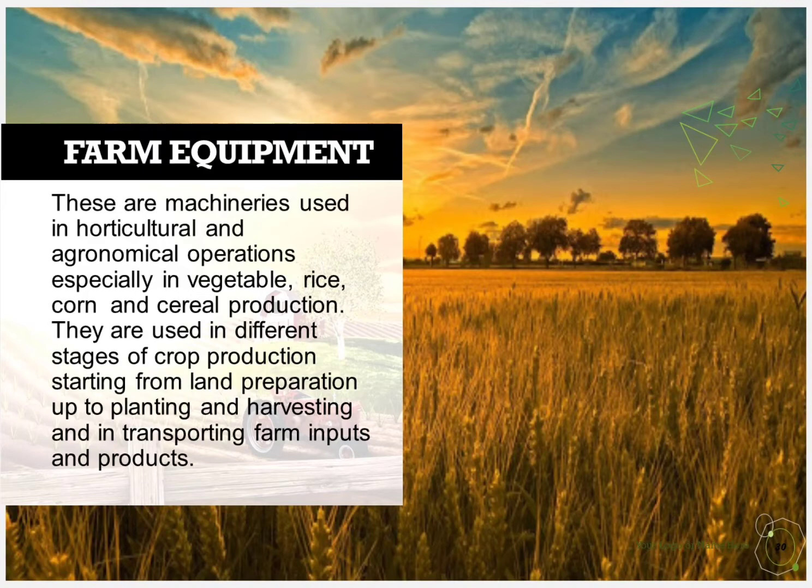They are used in different stages of crop production, starting from land preparation up to planting and harvesting, and in transporting farm inputs and products. So malinaw, class, na kapag usapang farm equipment, ay involved dyan ang mga naglalakihang makinarya na nakatutulong upang mas mapabilis ang pagpre-prepare ng lupa, ang pagtatanim, maging ang pag-aani ng mga ito.